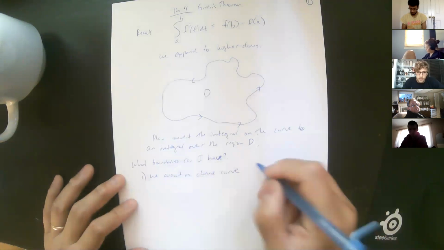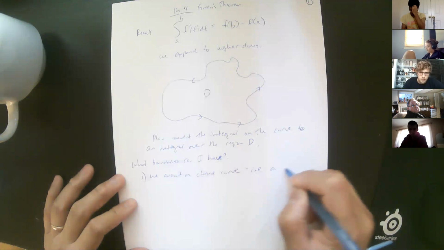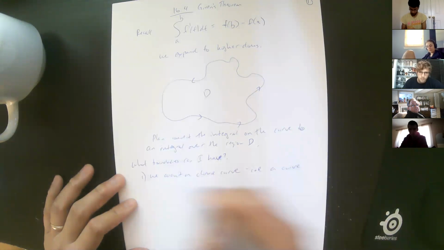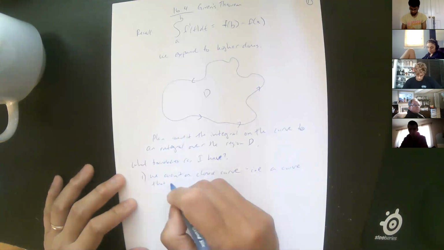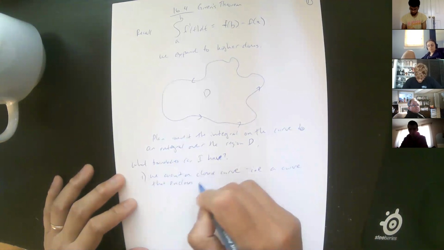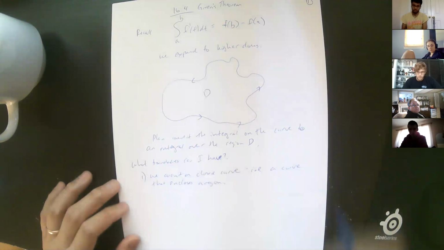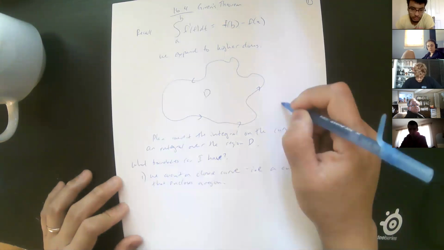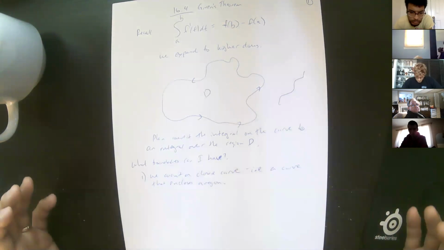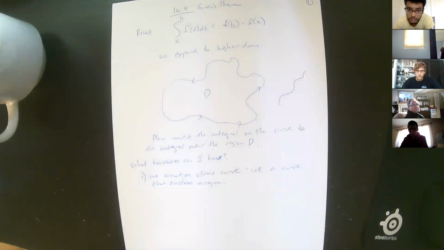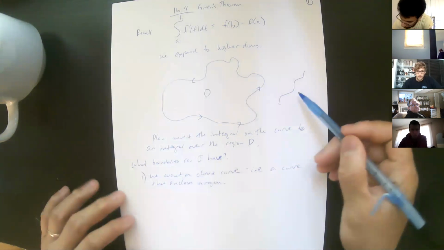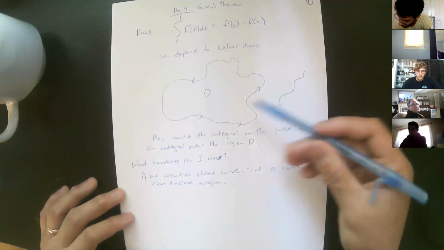And what does a closed curve mean? I.e., a curve that encloses a region. Right. This up here is not a closed curve. It doesn't enclose a region. Right? This is.